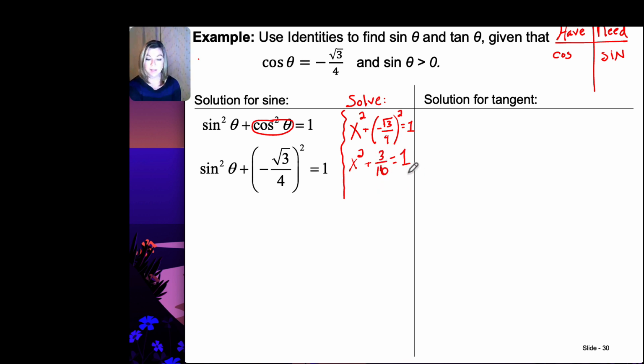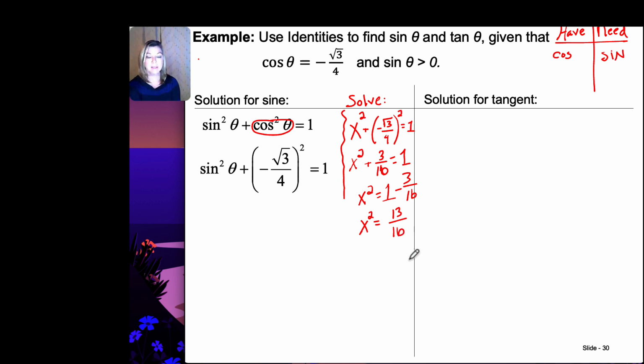That would leave us with x squared equals some value. It would be whatever 1 minus 3/16 is. Let's think, common denominator, that'd be 16/16 minus 3/16. So that would be x squared equals 16 minus 3 is 13/16.